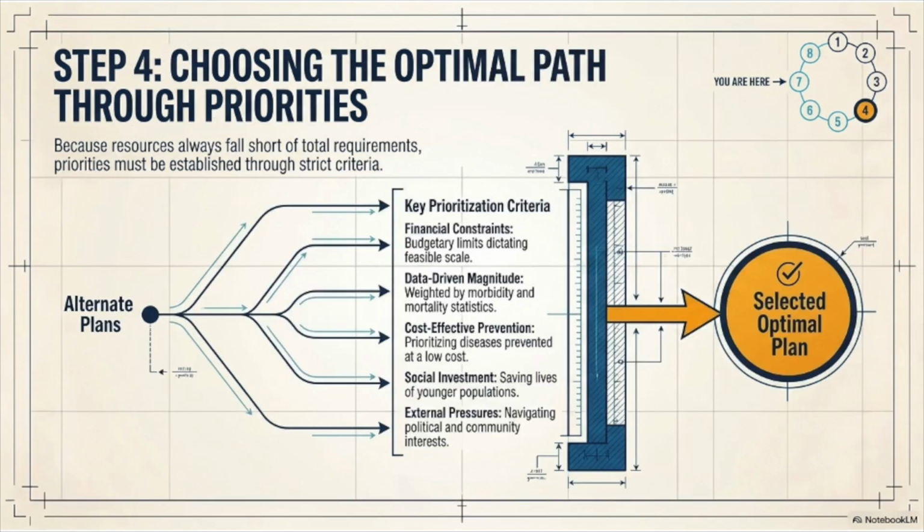The fourth step is fixing priorities and alternatives. Since resources always fall short of total requirements, priorities must be established through strict criteria.